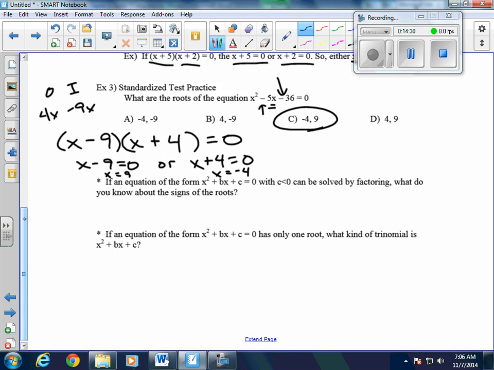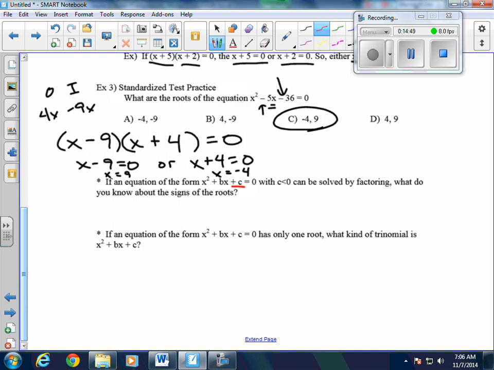All right, so it says if an equation of the form x squared plus bx plus c equals 0 with c less than 0. So that means if we take this last term and we see that this last term is negative, okay, if it can be solved by factoring, what do we know about the signs of the roots?